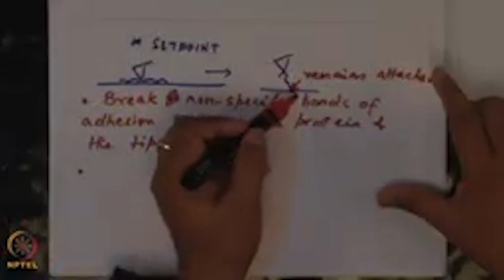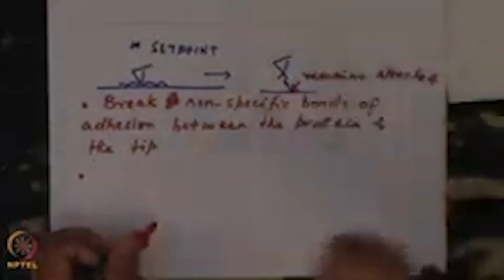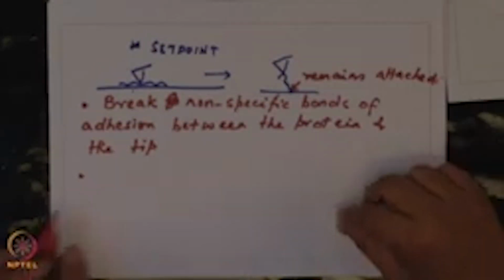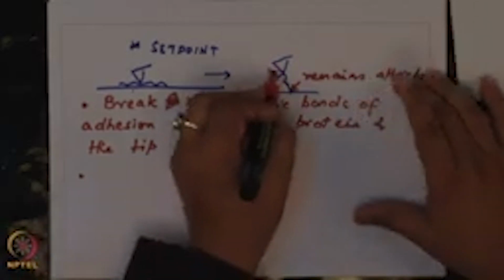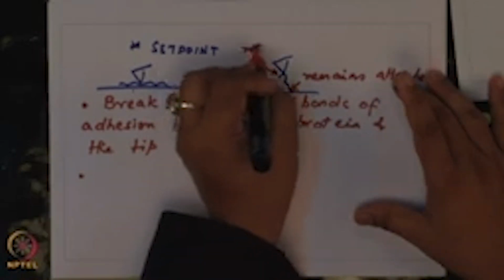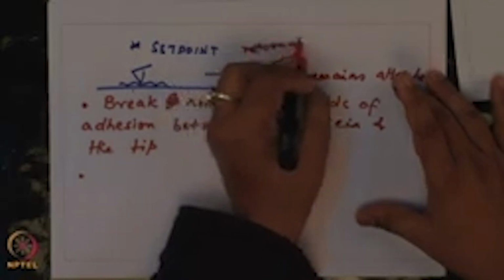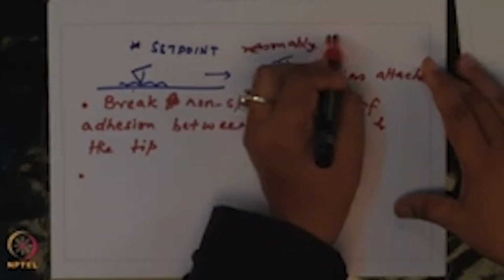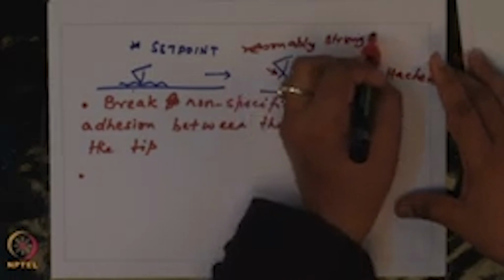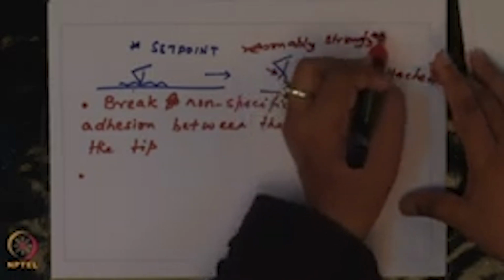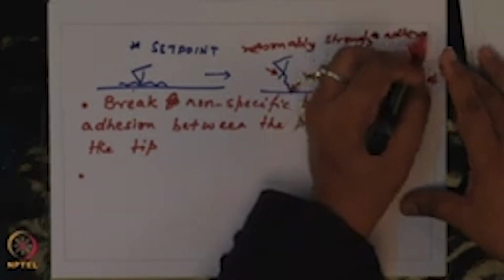What will happen? Let us assume one end of the protein remains attached to the surface. You think of a protein as a chain, let us say as a rubber band. And this end is also reasonably strongly adhered.